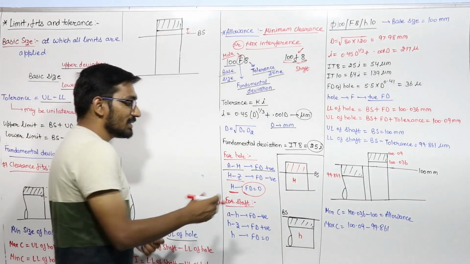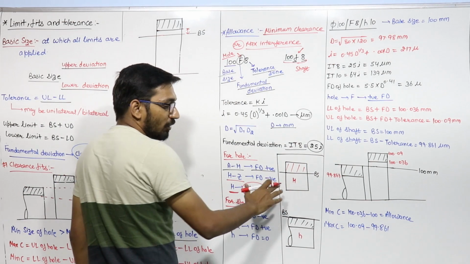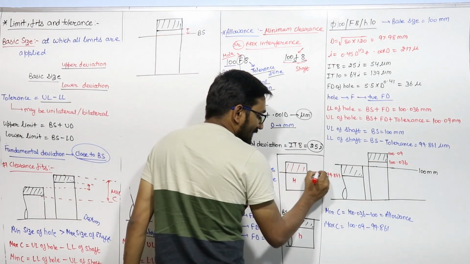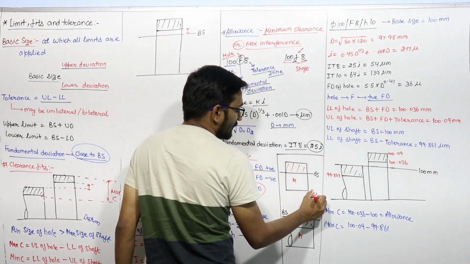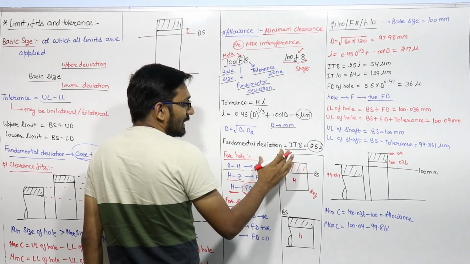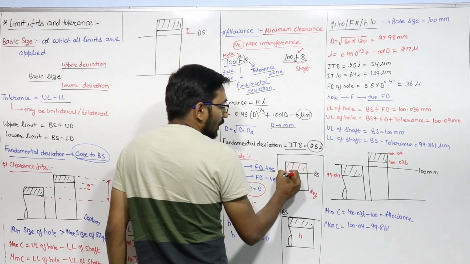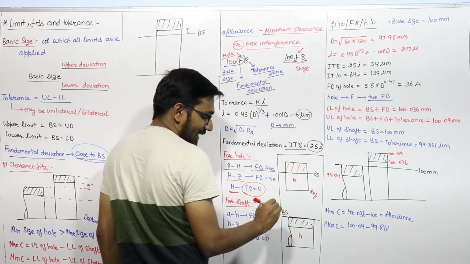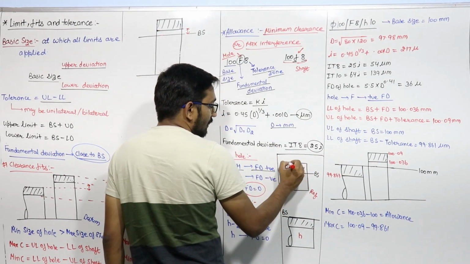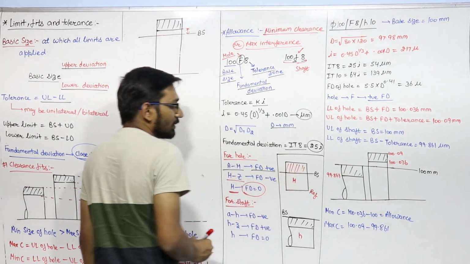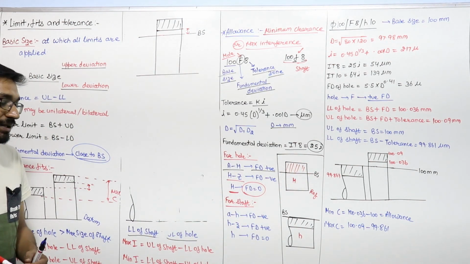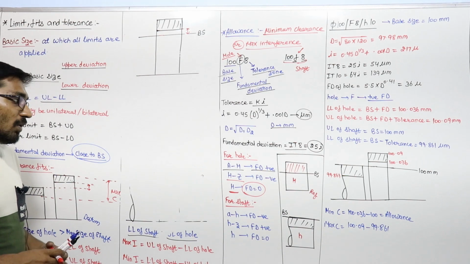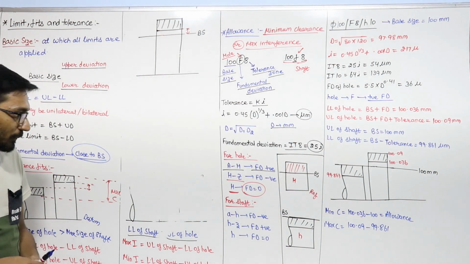So this is the representation of capital H for the hole. Suppose this is the basic size, this is the datum or reference level. So fundamental deviation 0 means the lower limit of the hole coincides with the basic size, and this is the upper limit of the hole, this is the tolerance zone. By this you can represent the capital H for the hole, fundamental deviation 0.